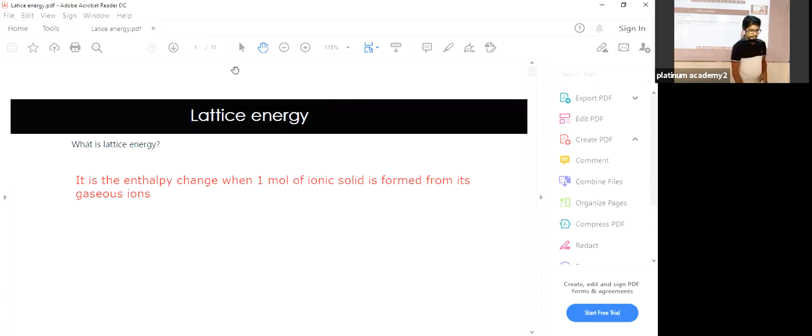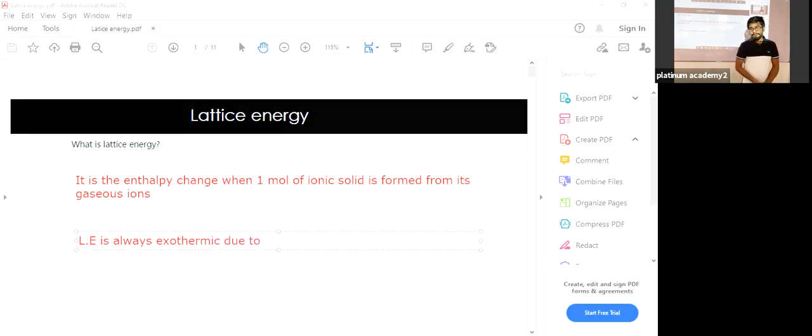You can write down that lattice energy is always exothermic due to bond formation.